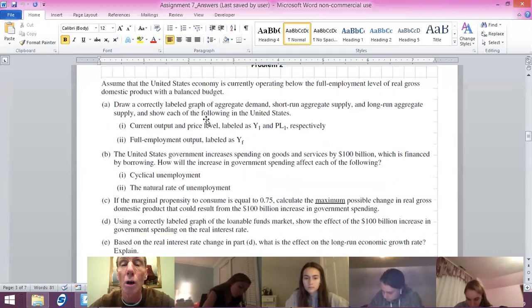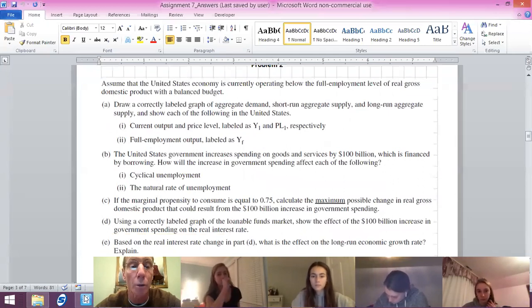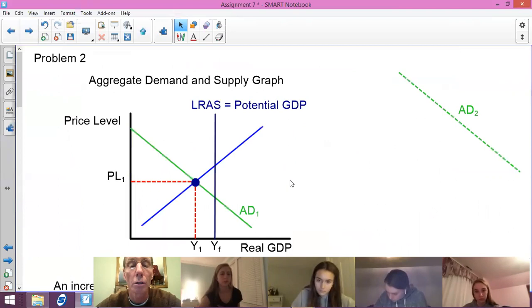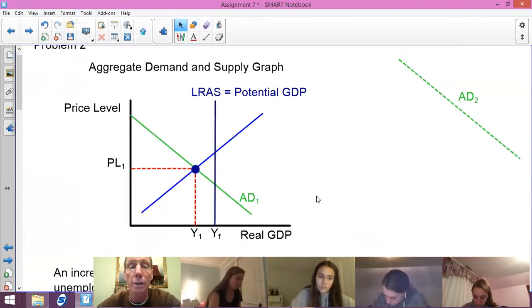So we want to draw the same kind of correctly labeled graph, which is going to look pretty much the same as the other one. It's going to look just like the first one. So that's going to be easy enough.